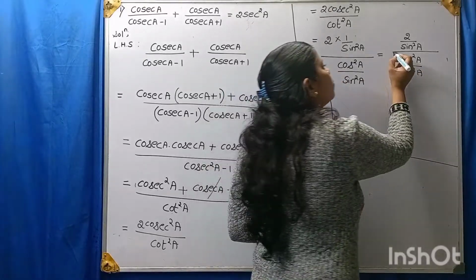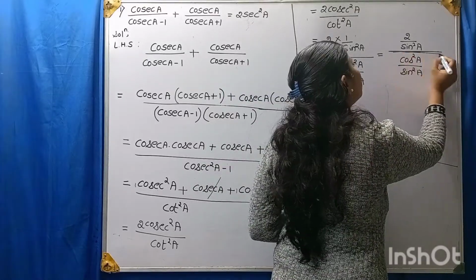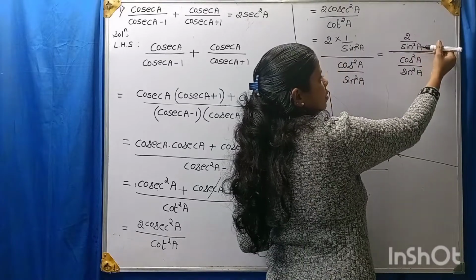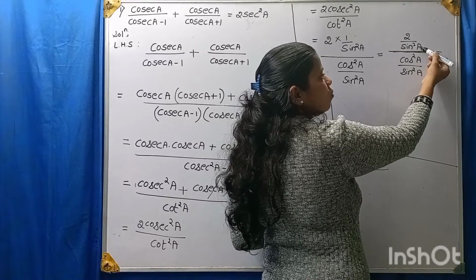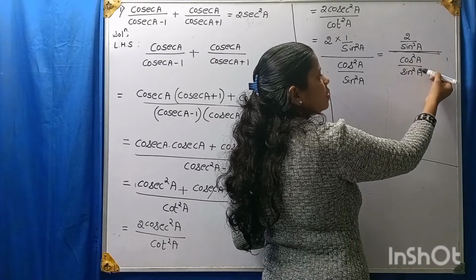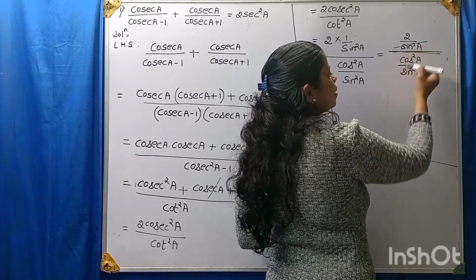Now here, this is whole divided by. Means it is the numerator, and it is the denominator. Now look at these denominators. Both are same. Therefore, we can cancel this.